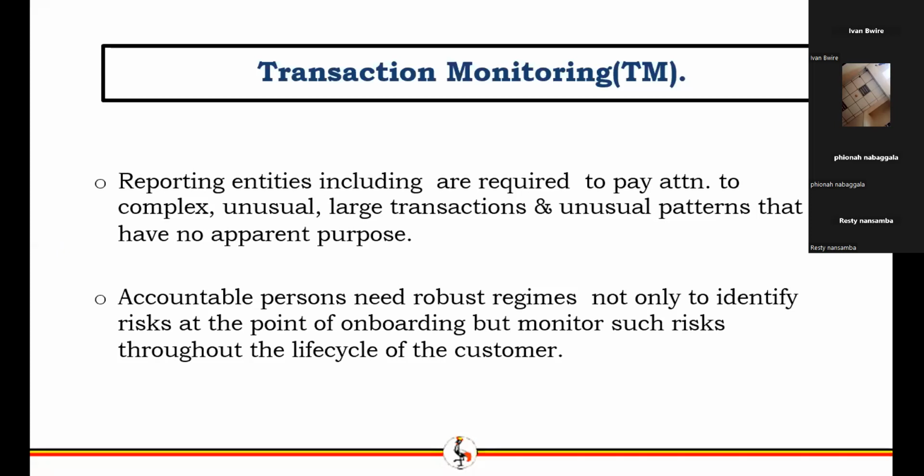So both the suspicious activity and the suspicious transaction are supposed to be reported. So under suspicion, there are two reports: an activity report and a suspicious transaction report. A transaction is when a client has transacted, and an activity is based on the behavior of a client.